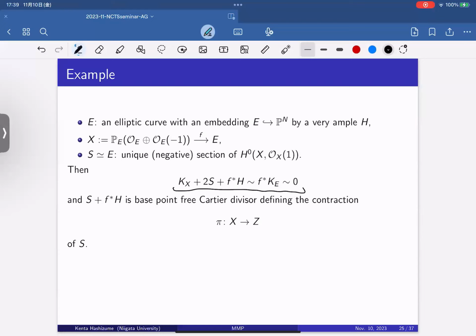And we can construct a contraction of S, the contraction morphism π of S. This shows that π(S) is a point and π is an isomorphism outside S.